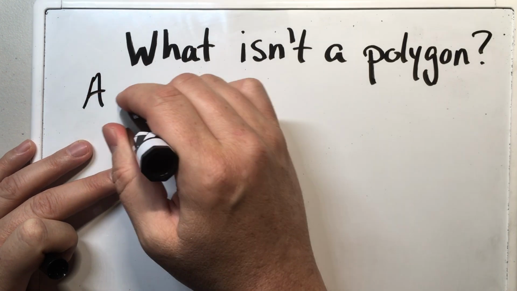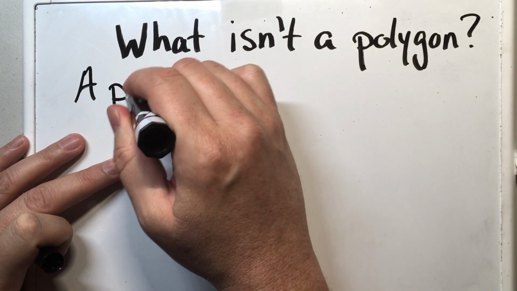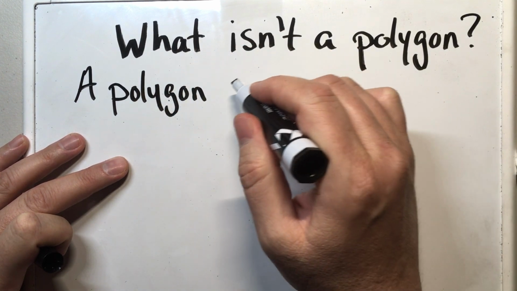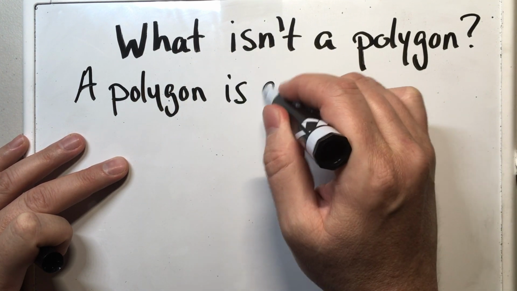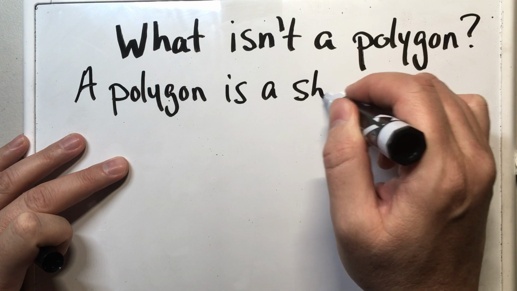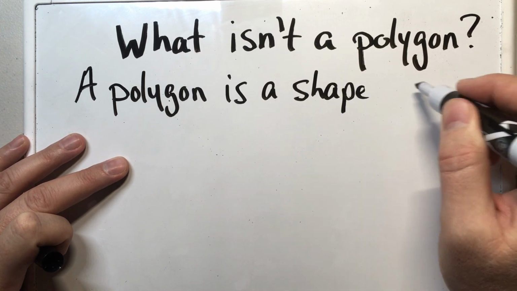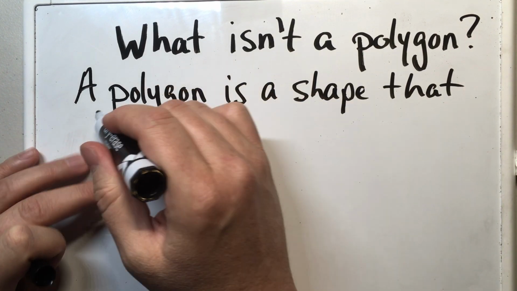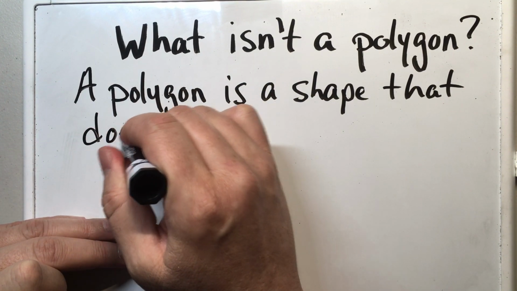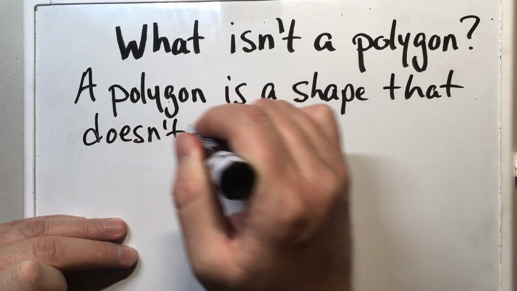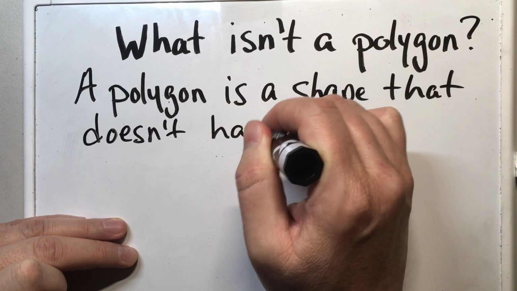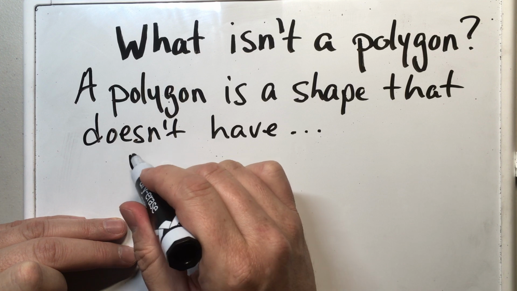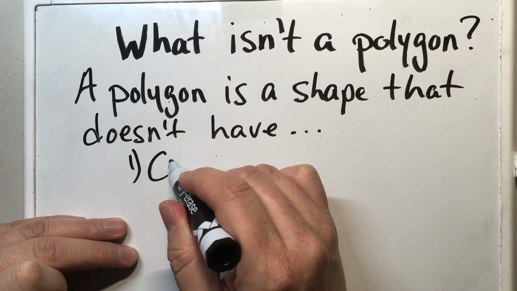A polygon is a shape that doesn't have, first thing is curves. Doesn't have curves.